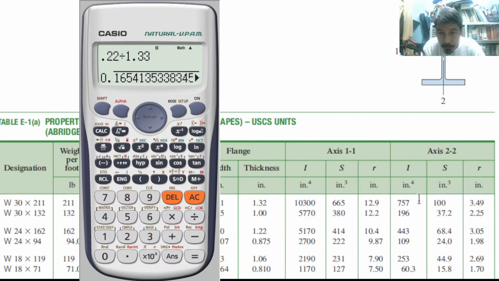For example, here we have an inertia of 757, and then we have an area of 62.2. So inertia, 757, divided by area, which is shown a while ago to be 62.2.